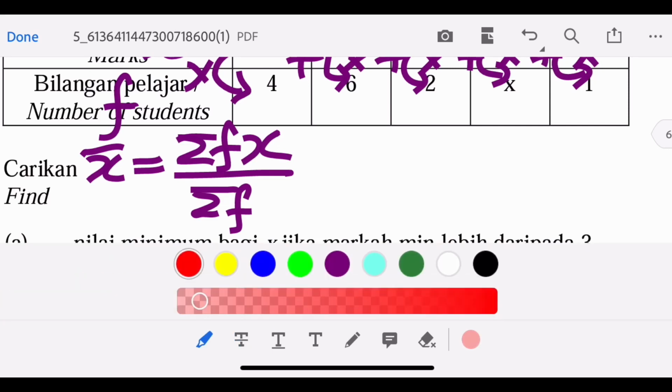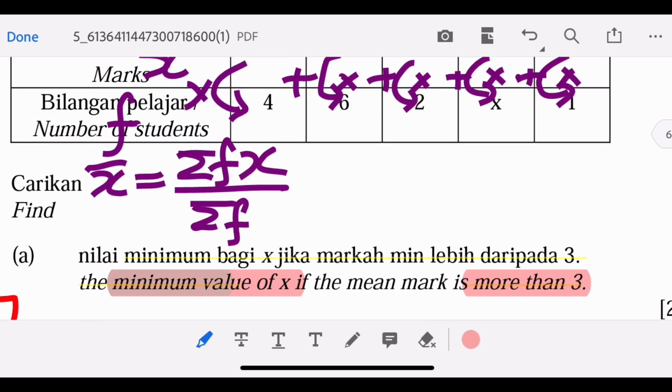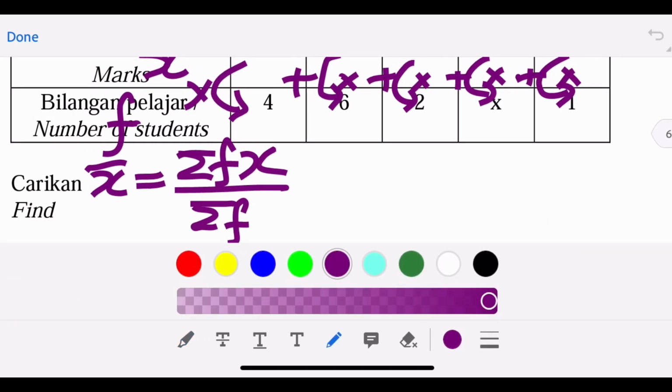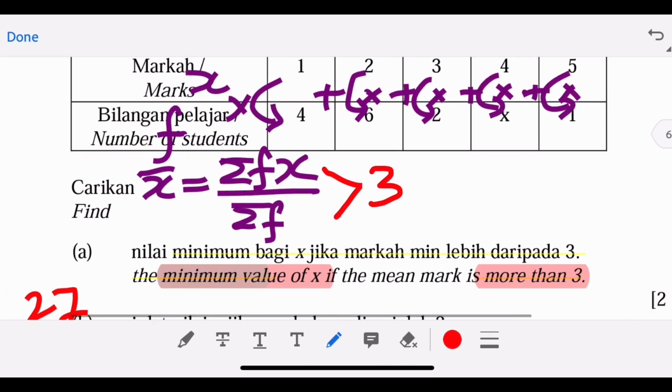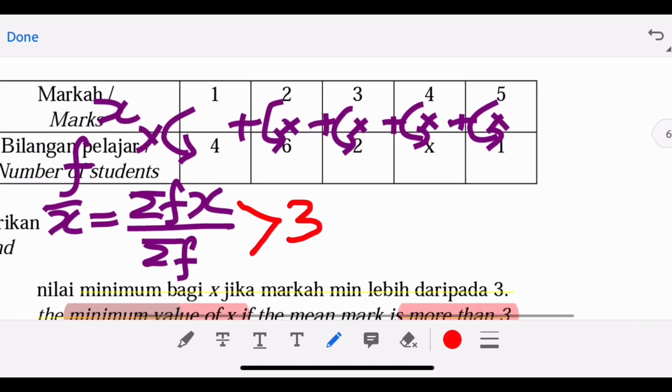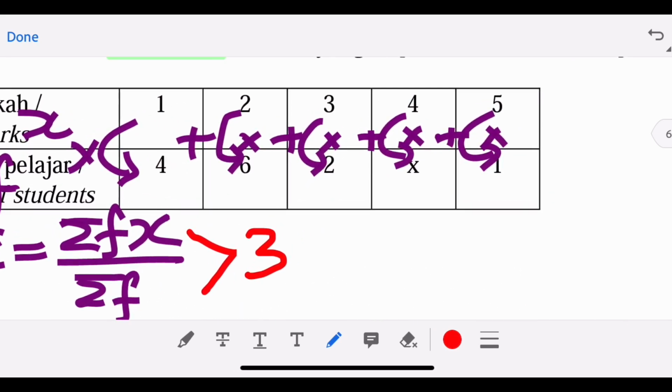Now let me show you again how to solve for x, because this is an inequality, so it's a bit confusing, I guess. Let's say you have the sum of frequency times the marks, over the total frequency.